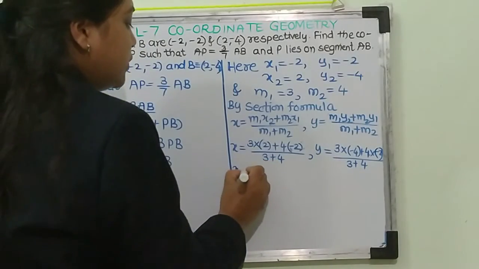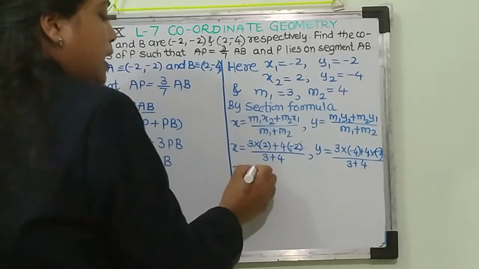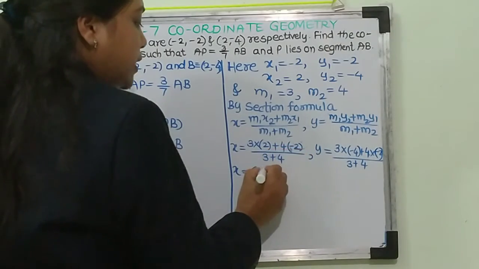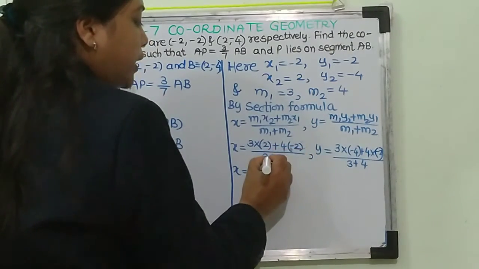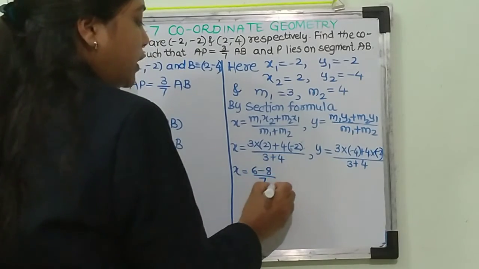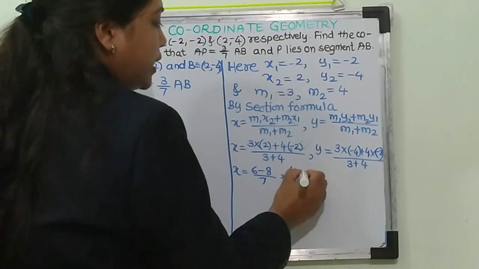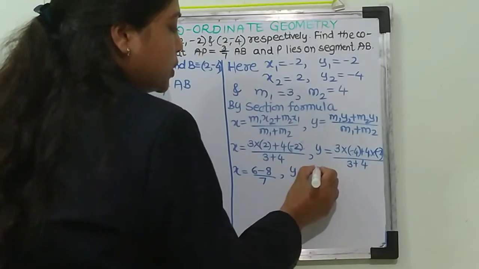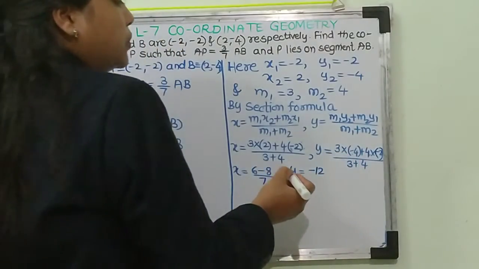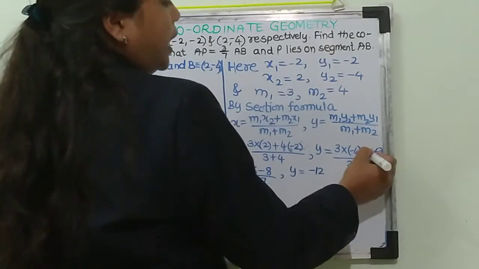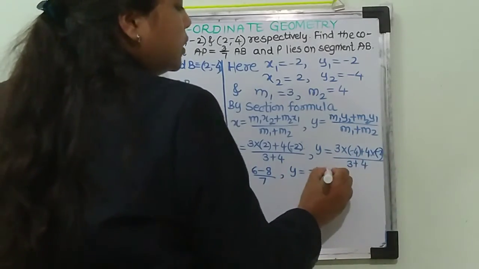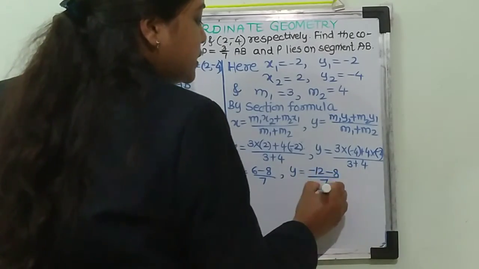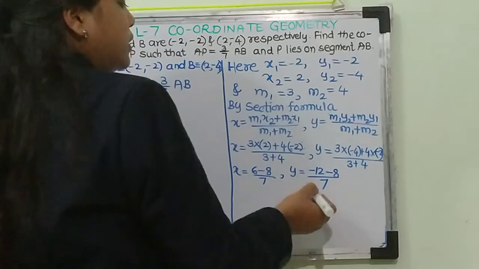So here x equals 3 twos are 6. Again here 4 into -2, so -8 will come, and 3 plus 4 is 7, comma y equals, plus minus multiplication is minus, so -12 will come, 3 fours are -12, and 4 into -2, again here -8, upon 7, 3 plus 4 is 7.